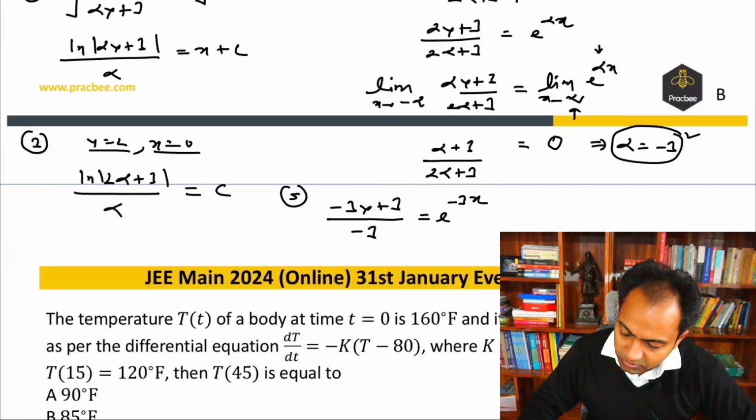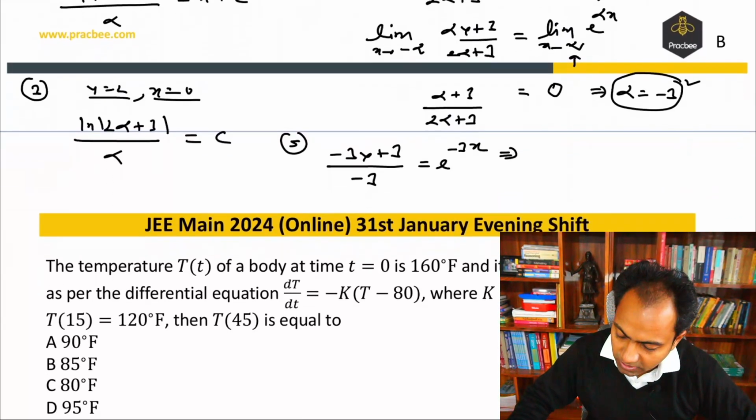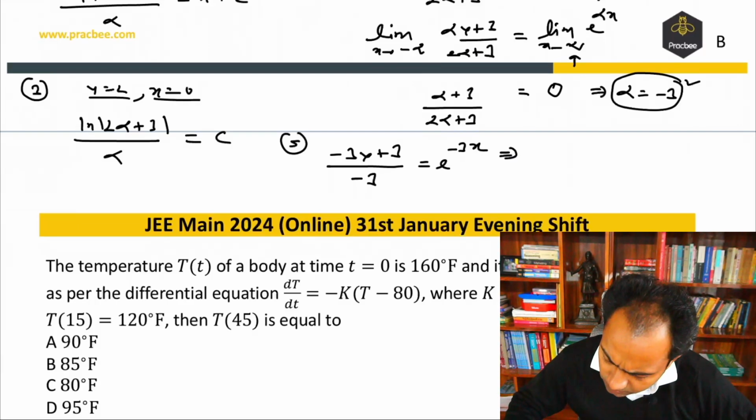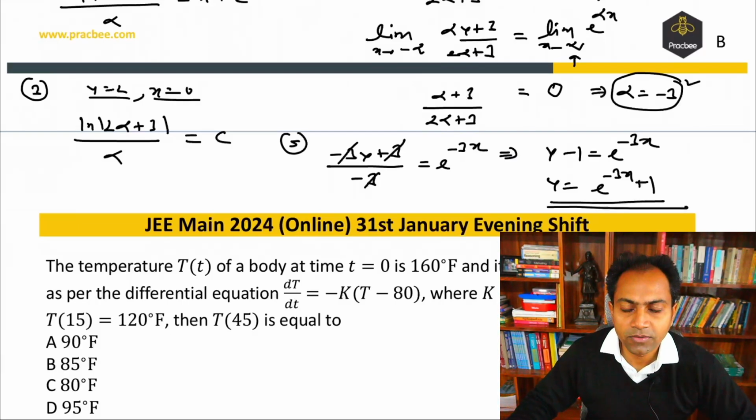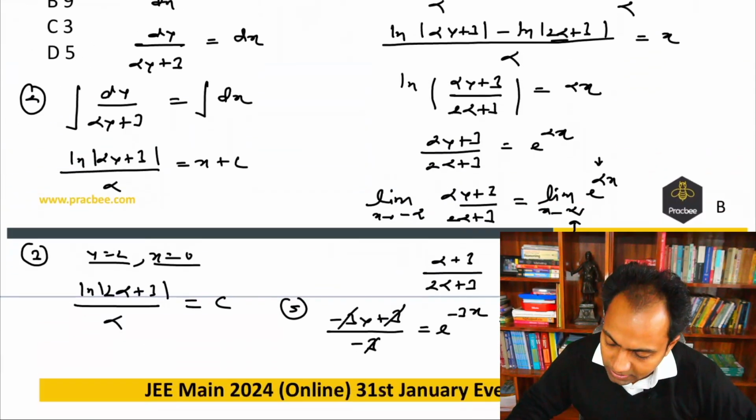Now if I substitute the value here, let us see what we are getting. If I simplify, this expression becomes nothing but, if I remove this 3, y minus 1 is equal to e raised to the power minus 3x, or y is equal to e raised to the power minus 3x plus 1. We have got this value, and now we want the value at minus ln 2.